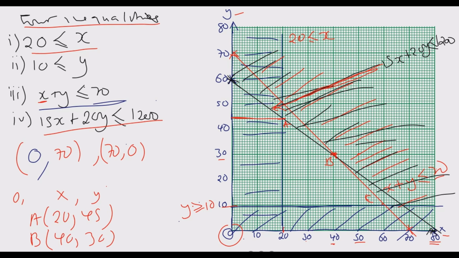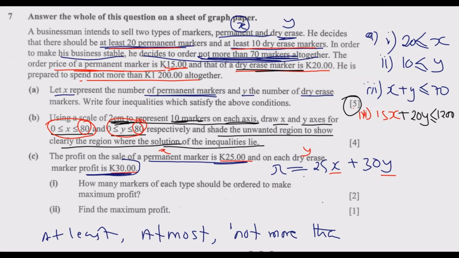Then we have this one, which is C, basically 60, 10. So now we need to look at the profit function that we have. We replace the values of x and y in this function to see the profit that we are going to get.